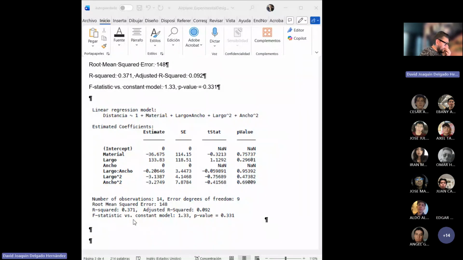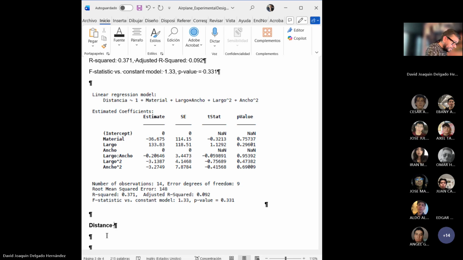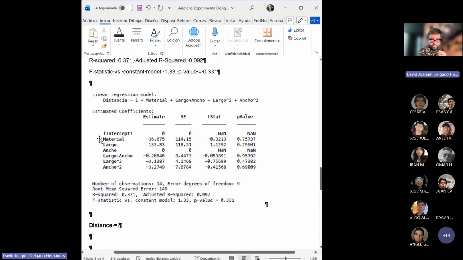Okay. So what will the model look like? Well, this new model, this quadratic model, will look like this. So it will be distance equals 0. I am not going to put this 0 because if you add 0, it is exactly the same result. So I am just going to ignore that quantity.